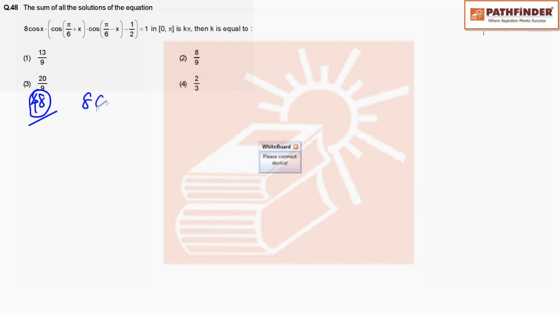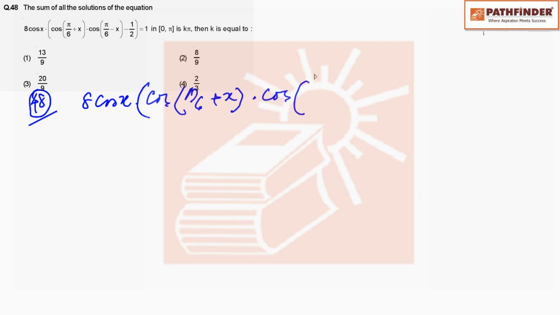Question number 48. 48 is 8 cos x into cos pi by 6 plus x into cos pi by 6 minus x minus half will be equal to 1.